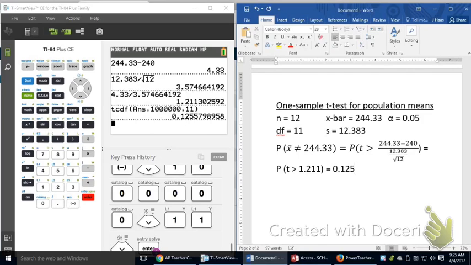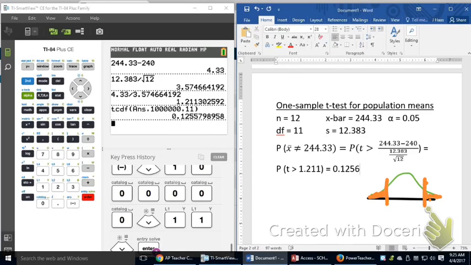So I'm going to sketch this distribution, hopefully to show you where this is coming from. If I am looking at this distribution, on the end of the t-distribution, I'll be looking right there at the 1.21, but it's also just as bad to be off on the other end, which is that.